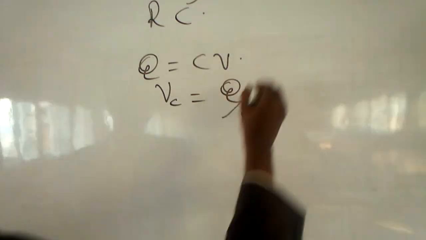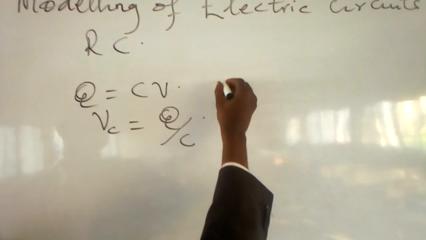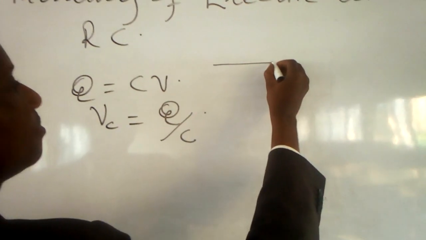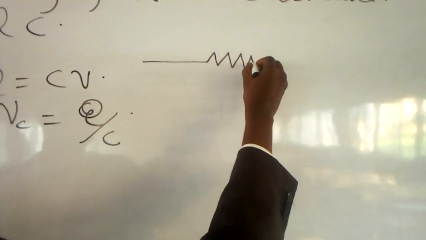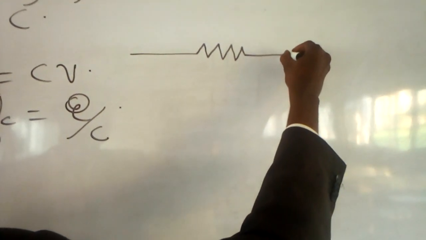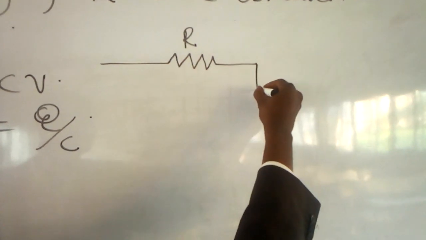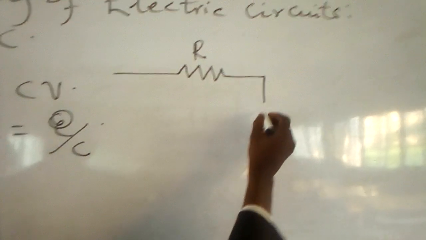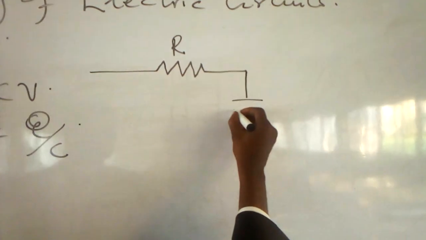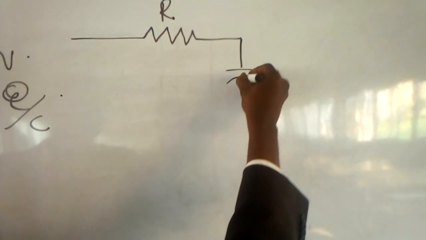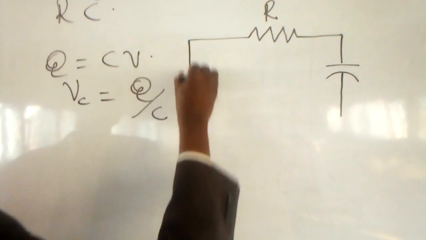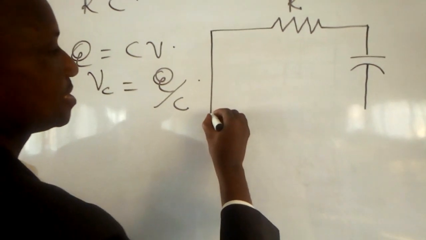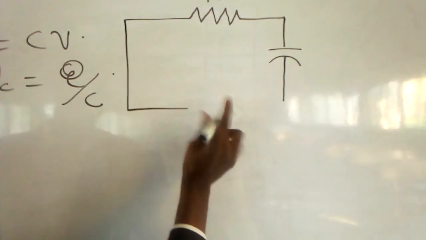So if this is known and we have an electric circuit system of a resistance R merging with the capacitance of a capacitor, then of course we have a linkage, which is a power source.